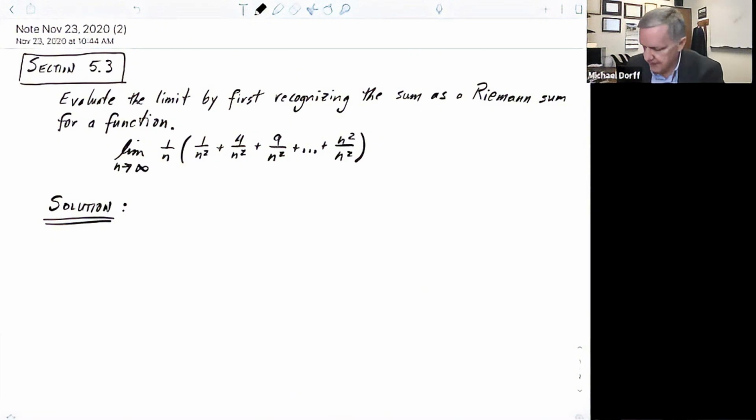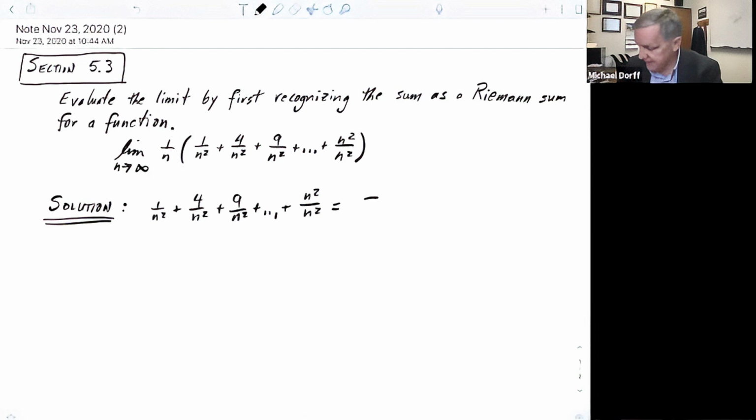So the first thing is we're going to try to rewrite this sum. I've got 1 over n squared plus 4 over n squared plus 9 over n squared plus dot dot dot plus n squared over n squared. It looks like on top I have 1 squared plus 2 squared plus 3 squared down to n squared.